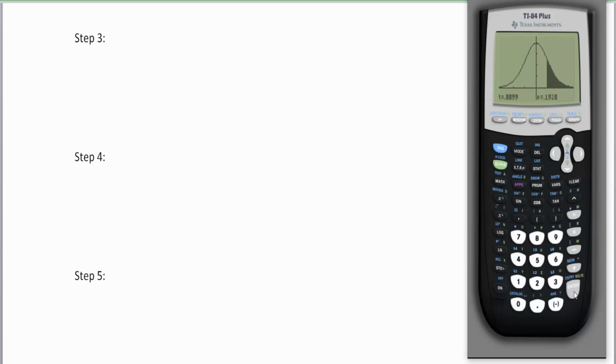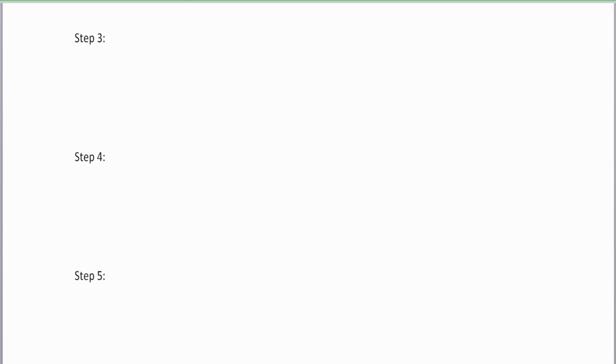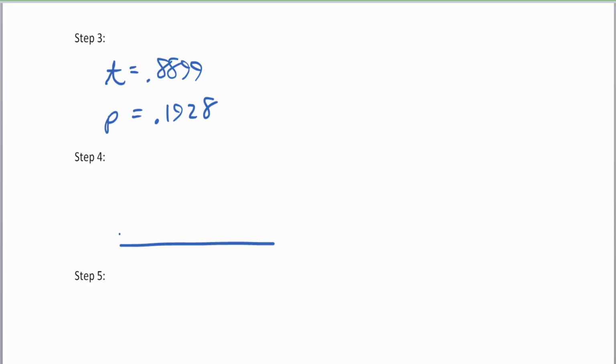So keep your calculator in front of you as you copy these down. Step 3's t-value was 0.8899. Our p-value was 0.1928.